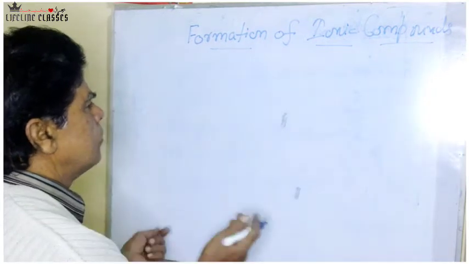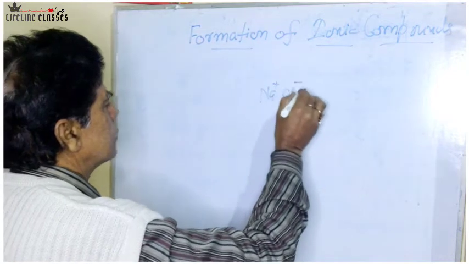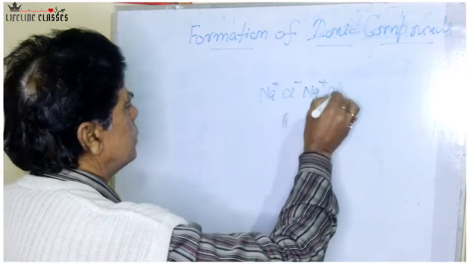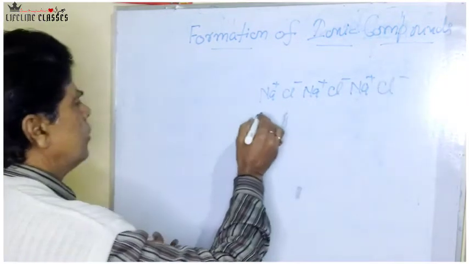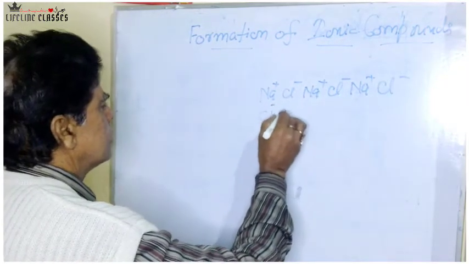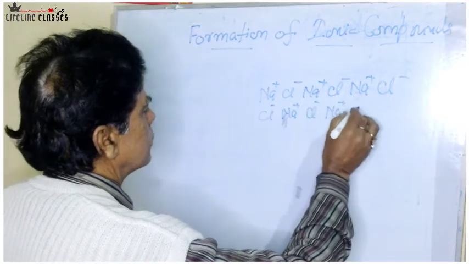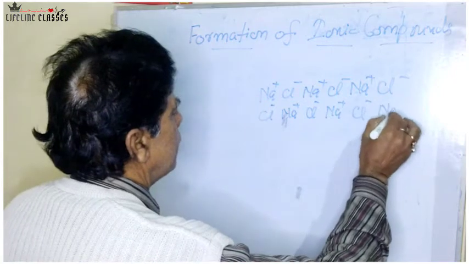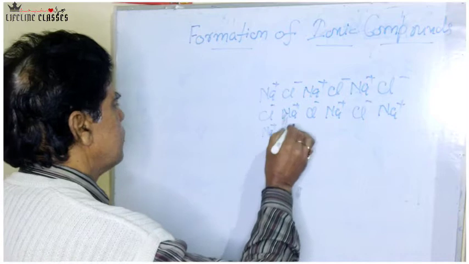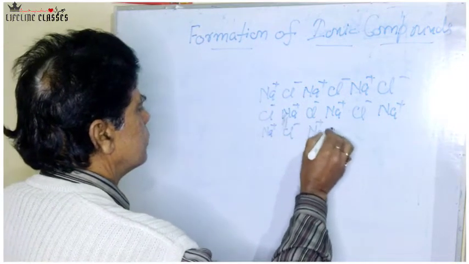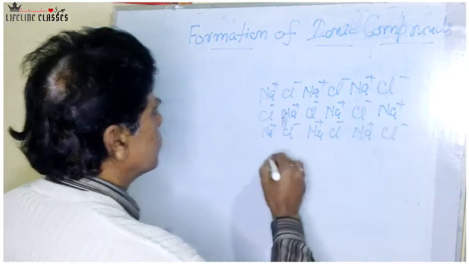First of all, it can be represented as Na+ Cl-, Na+ Cl-, Na+ Cl-, again Cl- Na+ Cl- Na+, and so on.